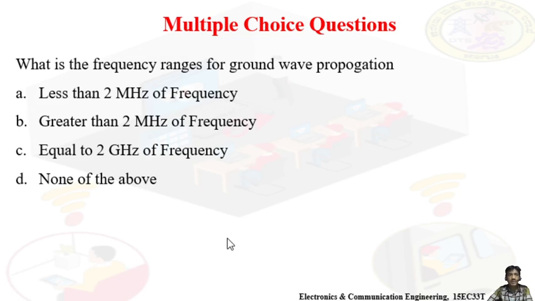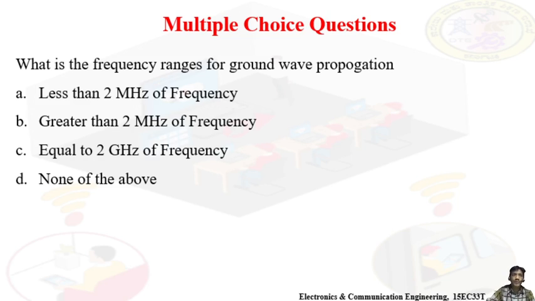The next question: what is the frequency range for ground wave propagation? Option A, less than 2 MHz. Option B, greater than 2 MHz. Option C, equal to 2 MHz. Option D, none of the above.